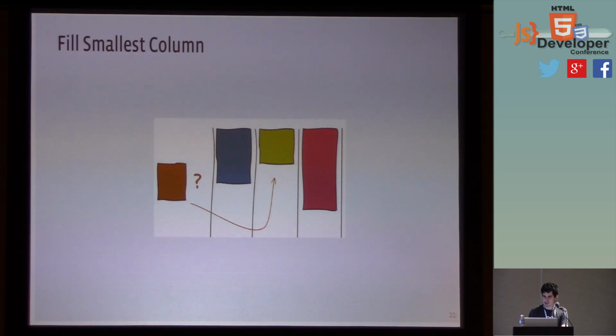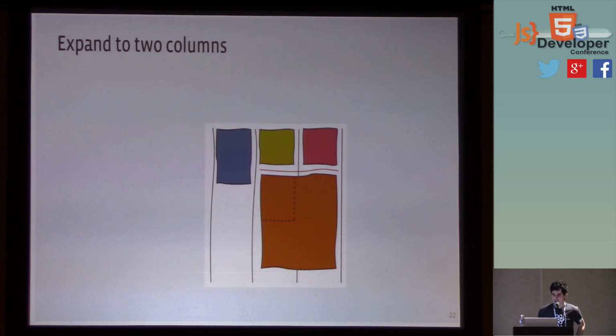So let's get back to expanding into 2 columns. The way it works is, if there are 2 columns that have the same height, then we can put an element and make it twice as big and make it fit 2 columns.